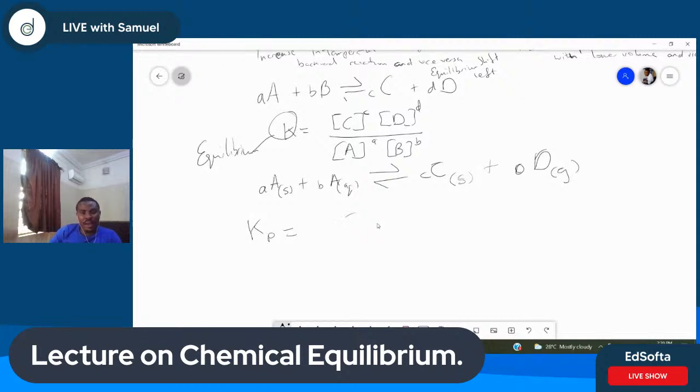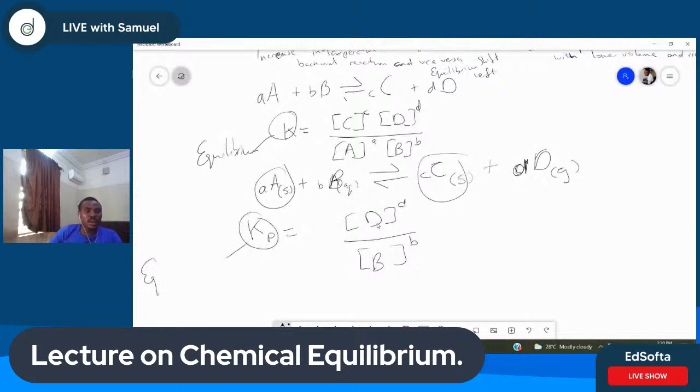What you just have at the end of the day is D raised to power small d, all over B raised to power small b, because these are solids. So this is the equilibrium constant of pressure, and this is the equilibrium constant of concentration, Kc. Do we all understand? So that is it about the equilibrium constant.